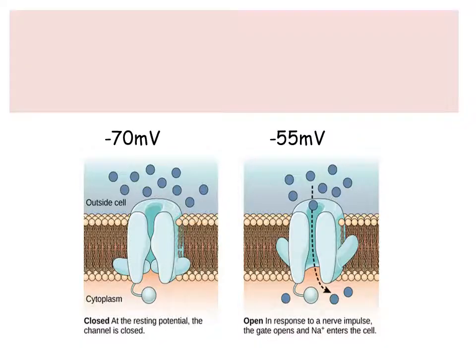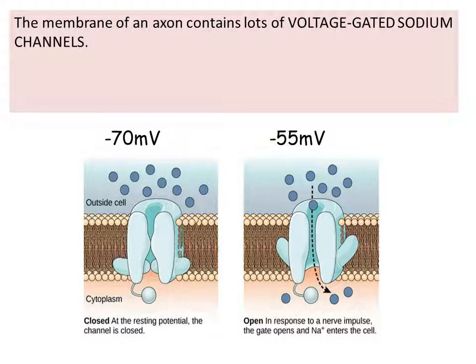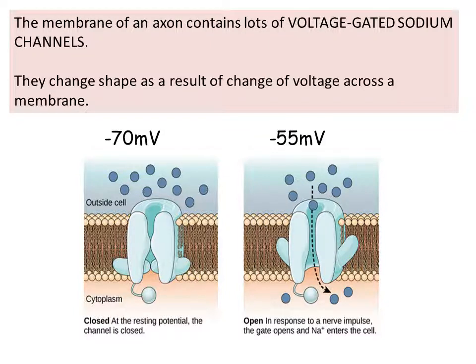Now in the axon we've got a lot of these voltage gated sodium channels, and when a small number of sodium ions enter into the axon, it causes a change in voltage, and it actually causes the rest of the sodium channels' shape to change, and that then allows even more sodium ions to enter.